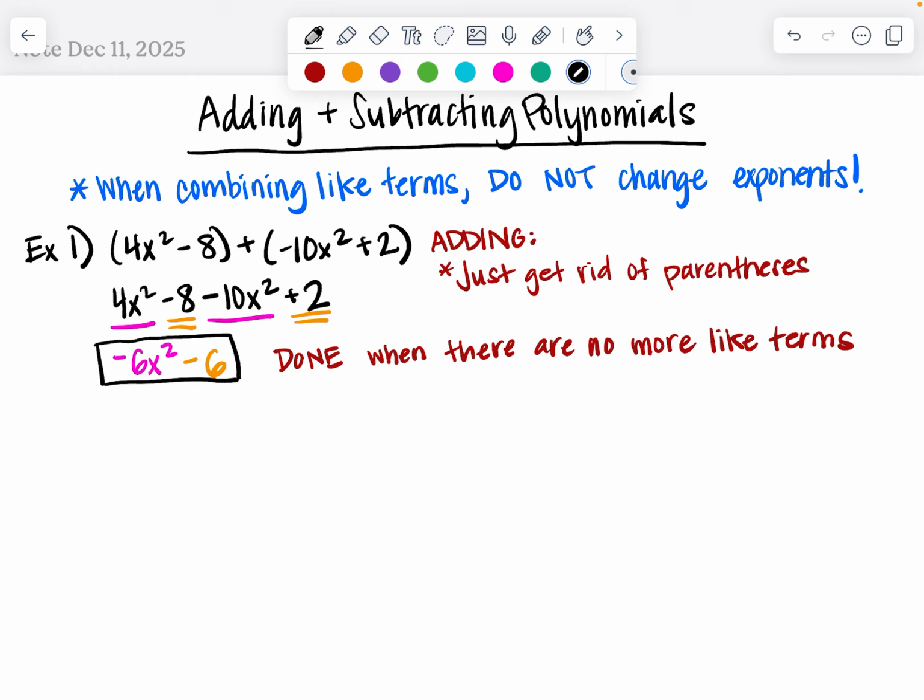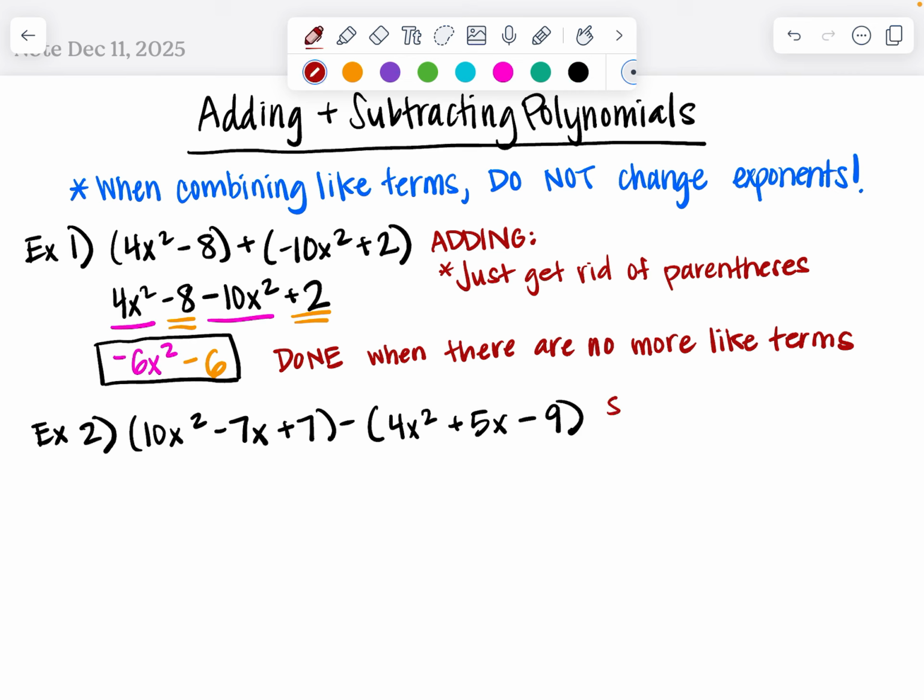Now let's look at an example of subtraction. So when subtracting, there is a negative 1 that needs to be distributed to the second polynomial.